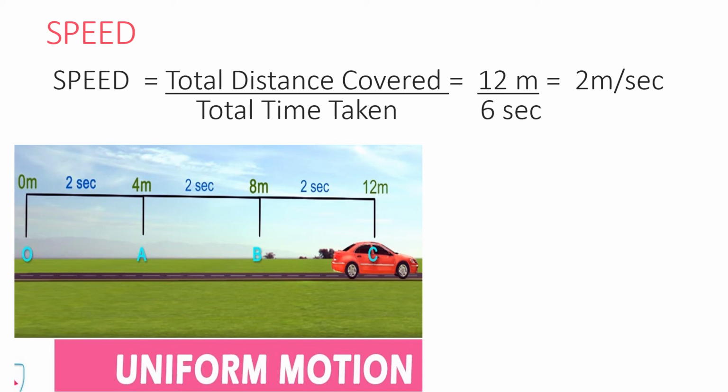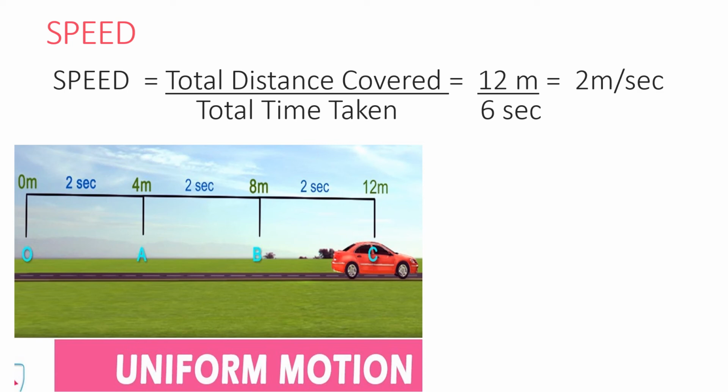So how do we calculate the speed of an object? The speed is the total distance covered divided by the total time taken. So we can represent it as a formula: speed is equal to total distance covered divided by total time taken. So here in this example, the total distance covered by the car is 12 meters.